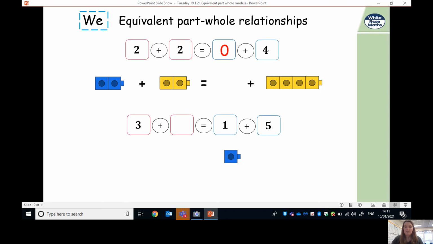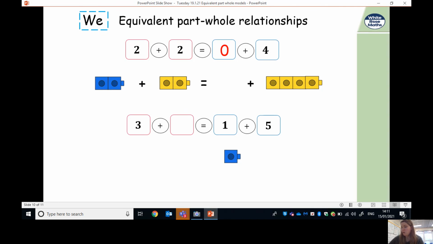All right, let's try this one. First thing you have to do is what? Write down your number sentence. Okay, once you've written down your number sentence, what do you need to do? Find the cubes for which side? The side that has more. Okay, and then what do you do? You work out what number we're making.